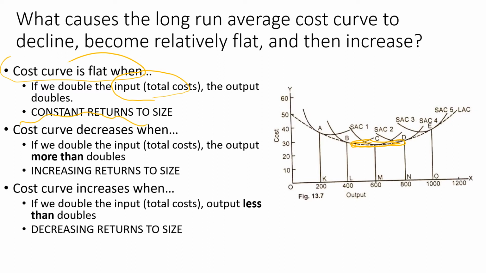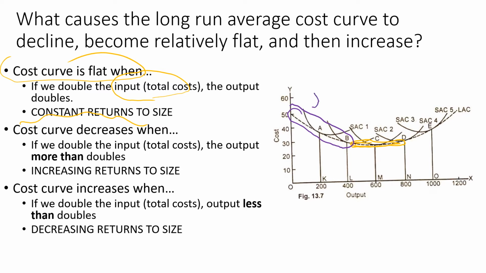When a cost curve is decreasing, so in this section here, that means that when we double the input or the total cost, our output more than doubles. So that's a good thing for a company. If they are getting out more than what they're putting in, that's increasing returns to scale.